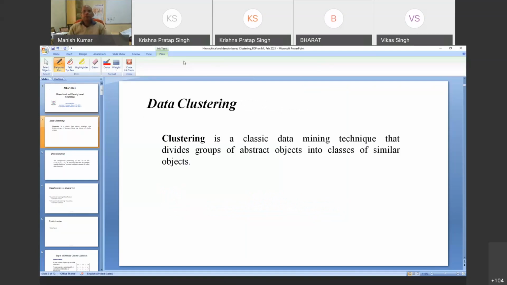Clustering is a classic data mining technique that divides groups of abstract objects into classes of similar objects. The entire clustering is actually unsupervised learning.